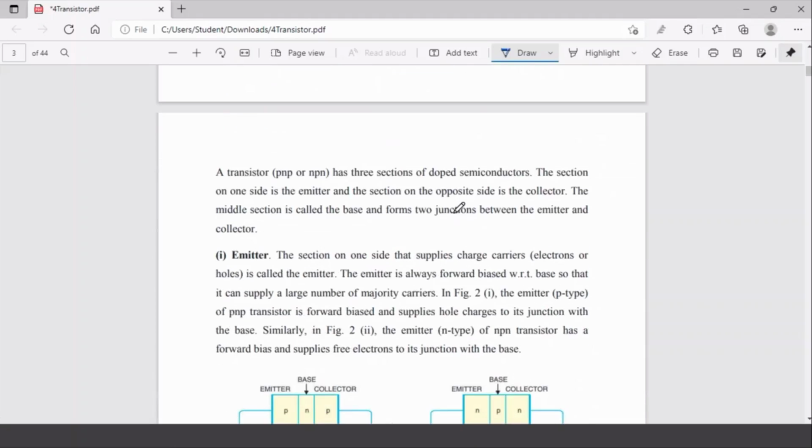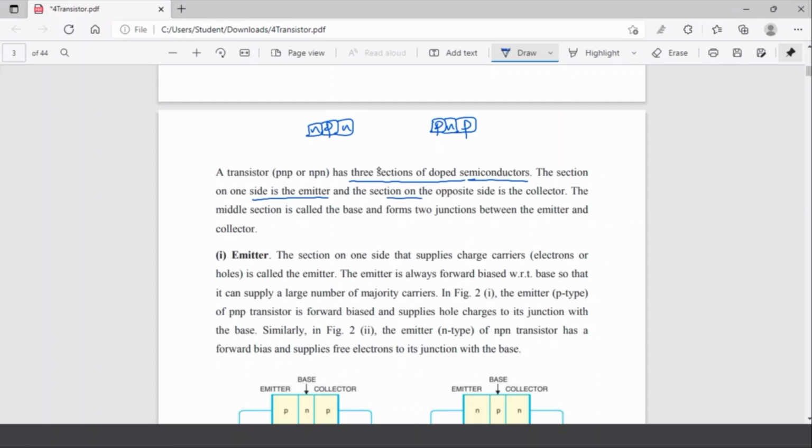Now how does that actually work? What are the terminals which we discussed? Collector, base and emitter. So it has three sections or three layers of doped semiconductors, because they are either N, P, N or P, N, P. One of the sides is the emitter region.